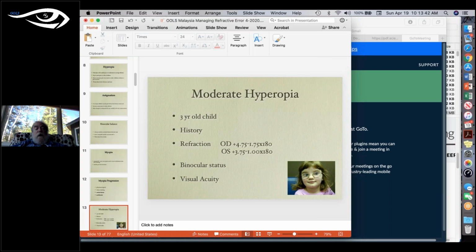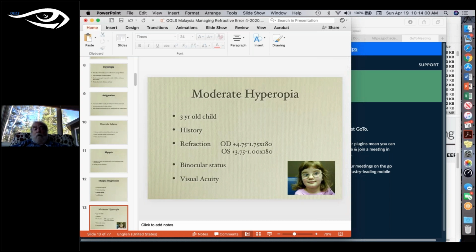Dry refraction indicated some moderate plus. My cycloplegic refraction indicated what you see on the screen here. So moderate degree of hyperopia, more hyperopia, and somewhat more astigmatism in the right eye than the left eye.